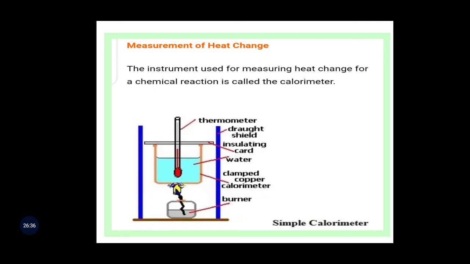Inside the beaker we have water. Then we are holding the beaker with a retort stand, with our thermometer. Then we have the insulator. So this is a simple setup for a calorimeter.